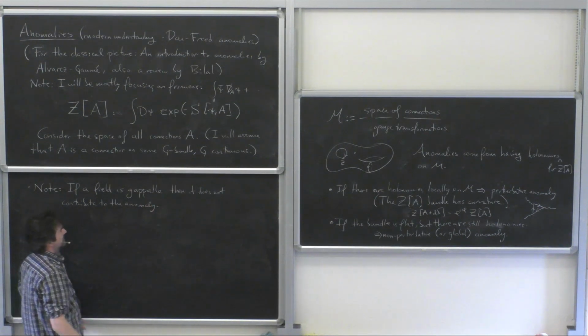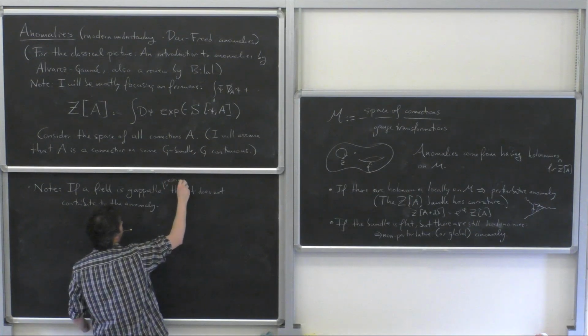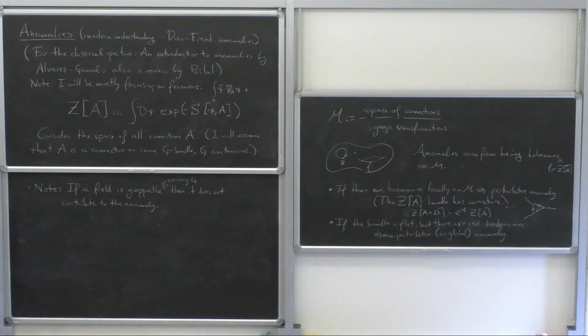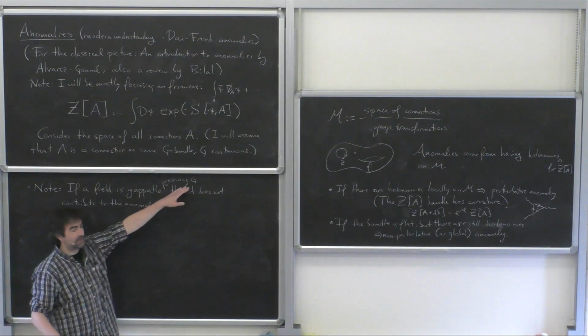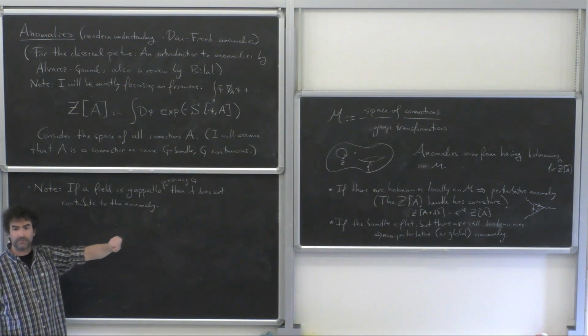Here I should specify gappable preserving the symmetry. So what does this mean? If you have a field for which you can turn on a mass, say, and give it a mass in such a way that you don't break the symmetry, then this does not affect the anomaly. It does not enter in those considerations.